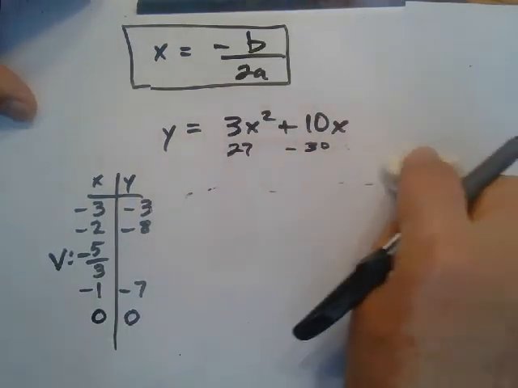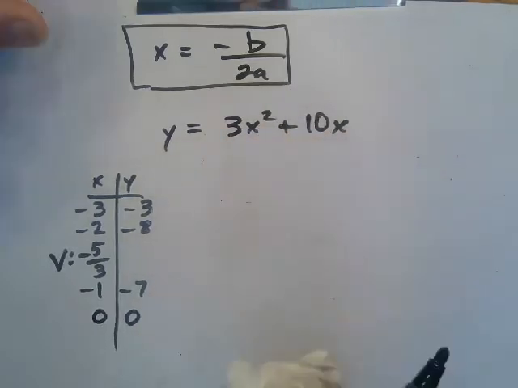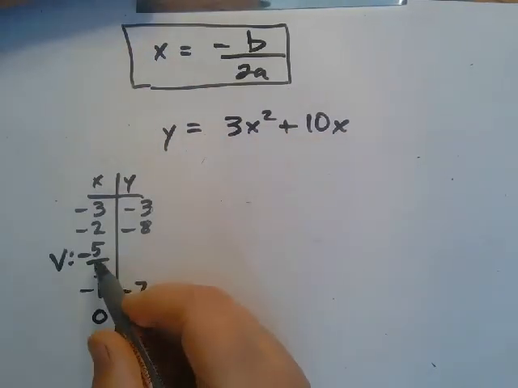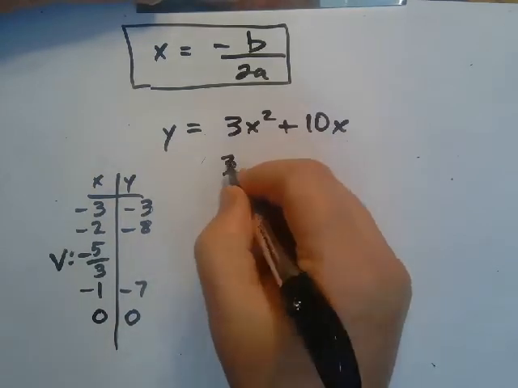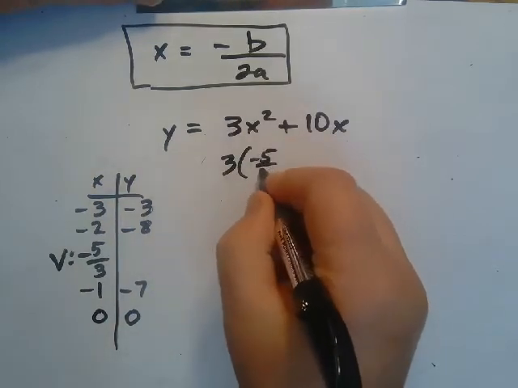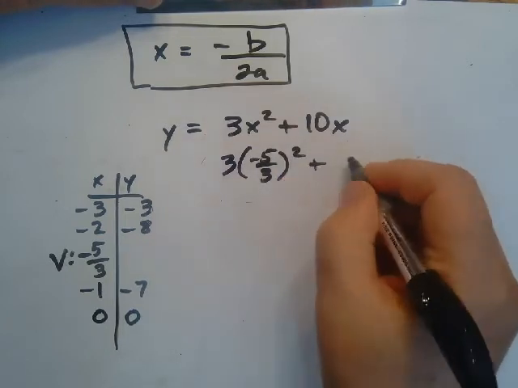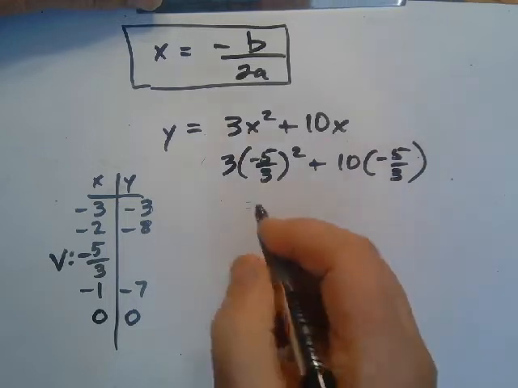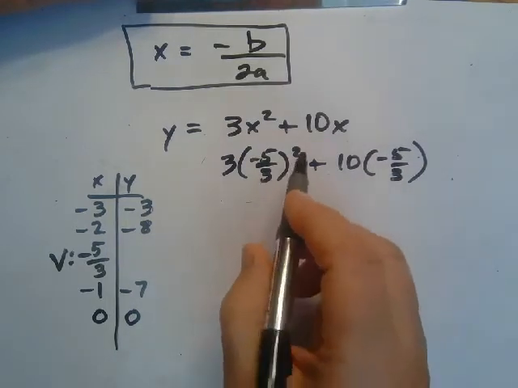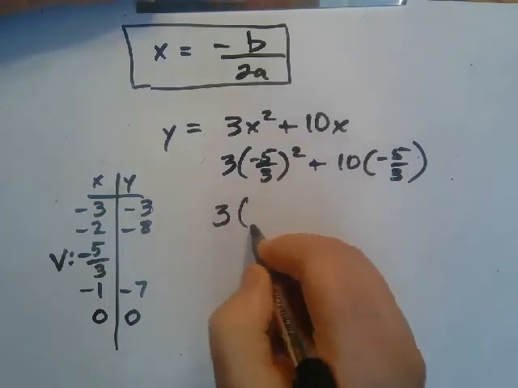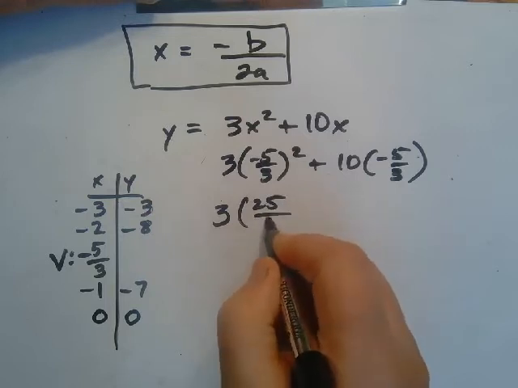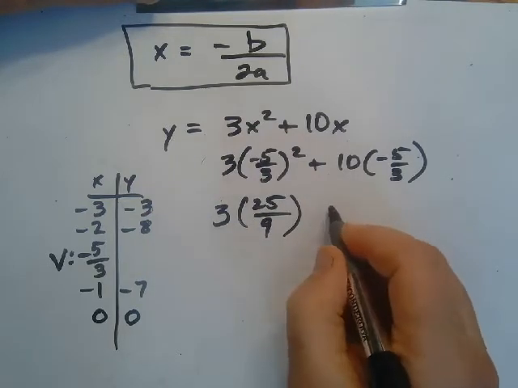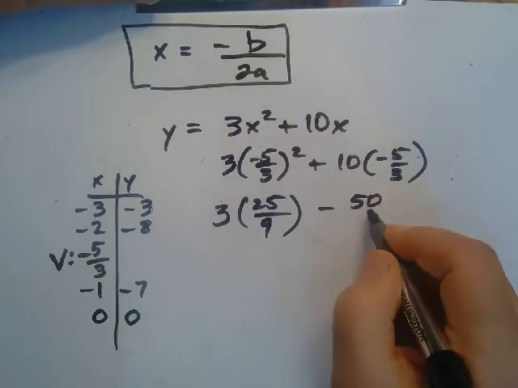I'm going to erase all of this here. Let's calculate this vertex using this x value. So 3 times -5/3 squared plus 10 times -5/3. Okay? Look at this, all this extra work we're going to have to do. This is 3 times 25/9, positive, minus 50/3.